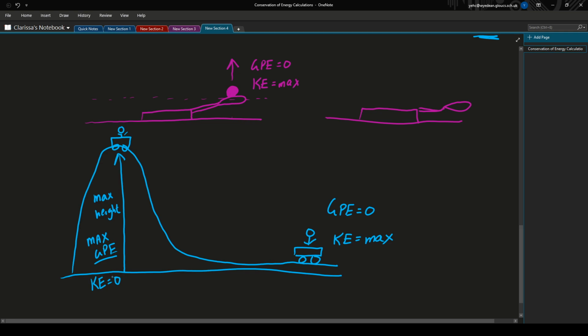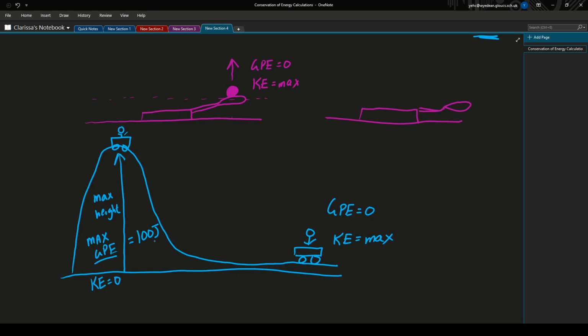Let's say that our kinetic energy was 0 at the start. And our GPE, I'm just making up a number, this is a very unrealistic number, do not take me at this and say, Miss, there is absolutely no way that you can only have 100 joules of energy at the top of a roller coaster. Yeah, I know that. Let's say it has 100 joules at the very top of this roller coaster.